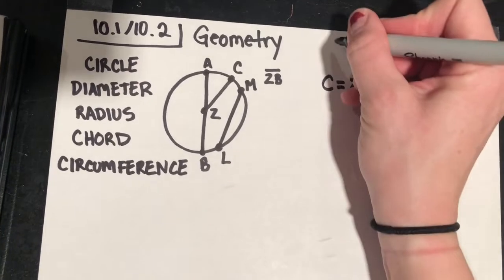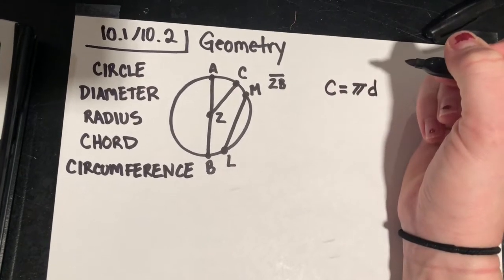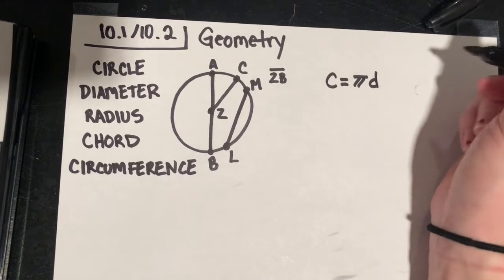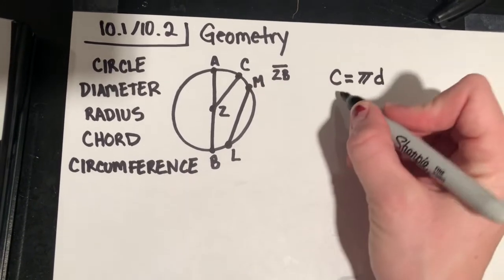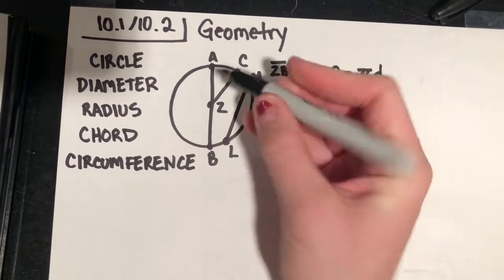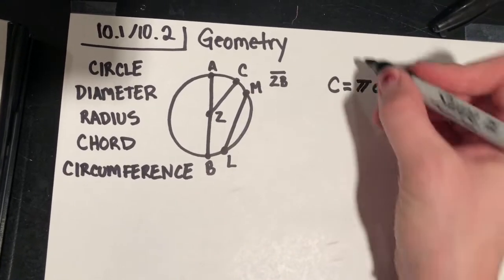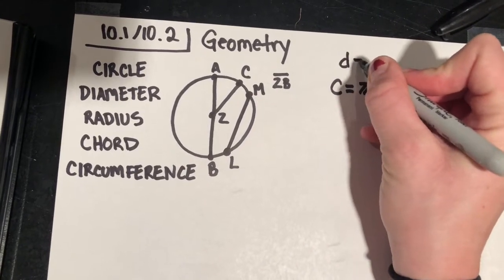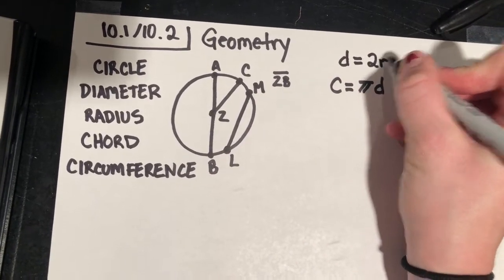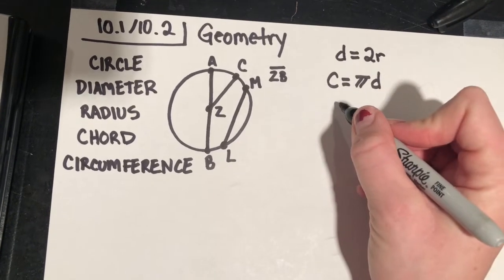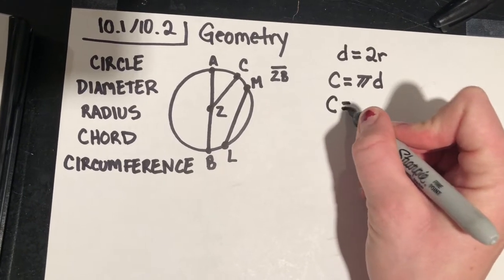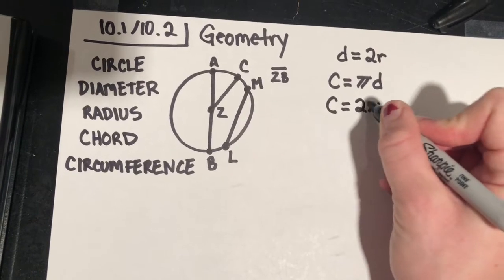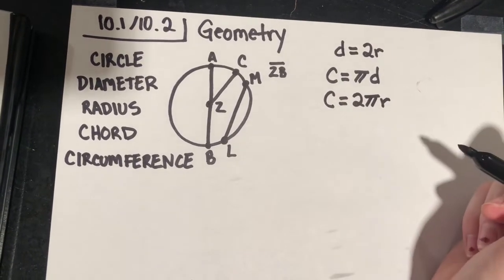Now, pi is equal to 3.14, but you actually want to use the actual pi button on your calculator. Now, diameter, if it's the whole thing across the circle, diameter is actually equal to 2 times the radius. So another way you could write circumference is circumference equals 2 times pi times the radius.